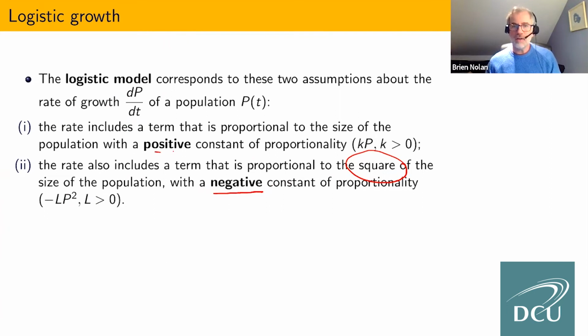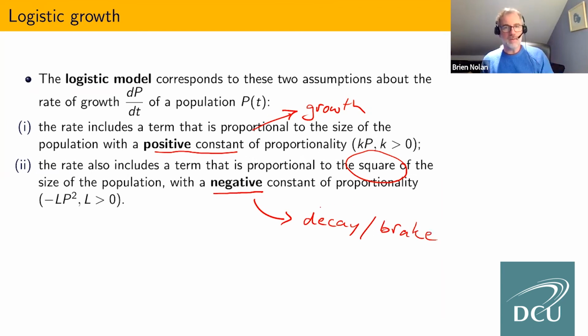So the positive constant here causes growth, but the negative constant there is going to be a decaying term, or maybe better to say that it acts as a brake on the population, slows it down. Why the square? Two reasons. First of all, it's a very simple term. We understand how it behaves mathematically very well.